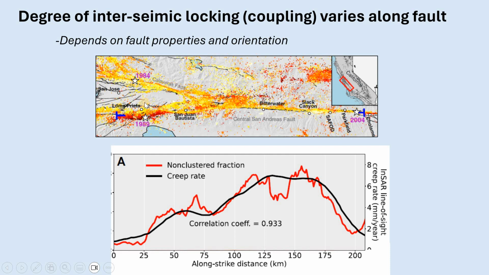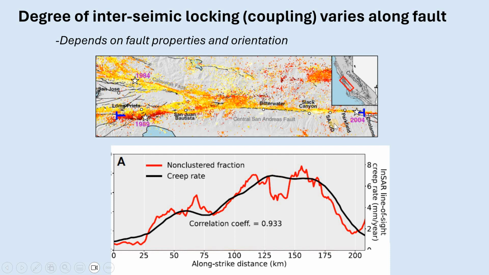So here's an example along the San Andreas Fault, which was studied by Liu et al. From essentially just south of San Francisco down a bit towards the Central Valley. And based on previously compiled geodetic data, especially InSAR data, they create this plot that shows the creep rate along the San Andreas Fault.